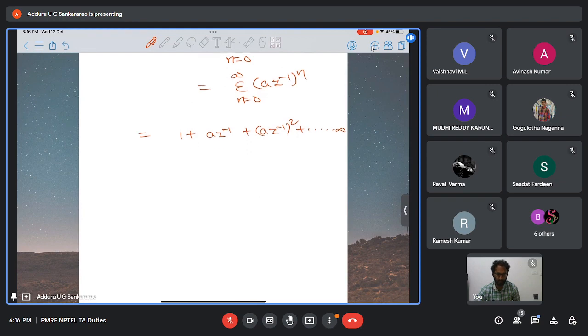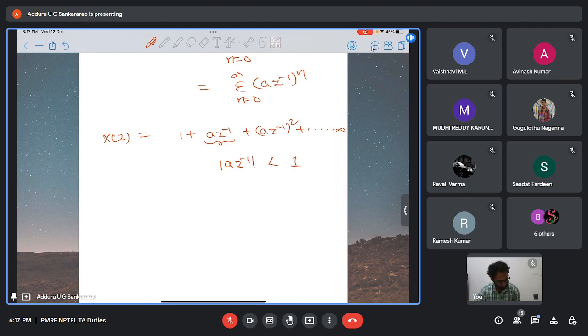So this summation is possible only when it is absolutely summable, when the magnitude of this quantity is less than 1, right? If it is 1 or greater than 1, then it will be infinite, so we cannot find the Z transform.